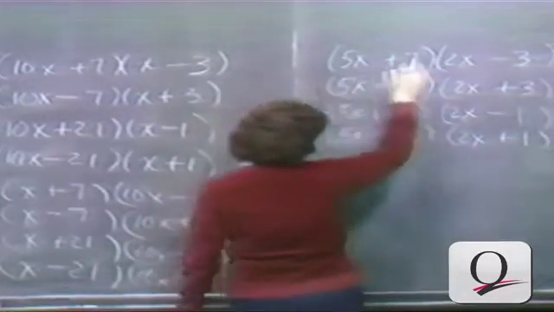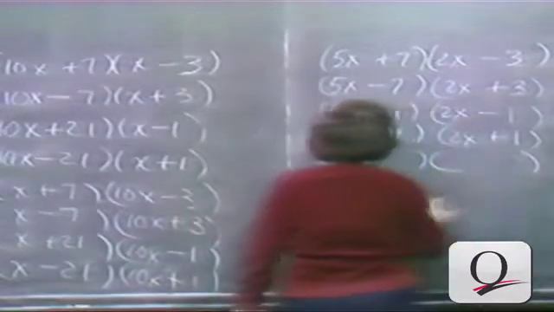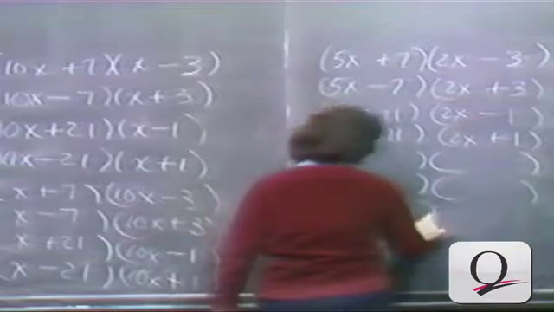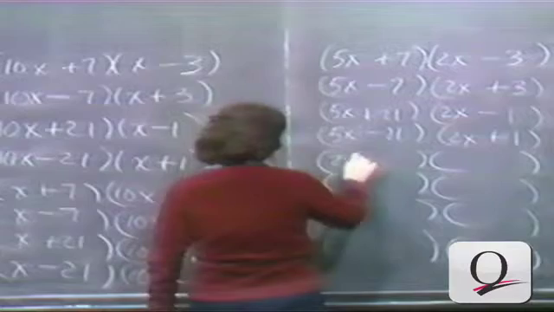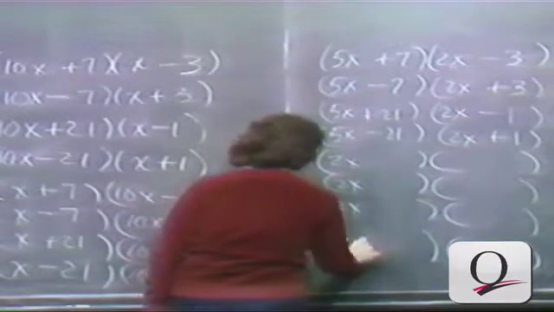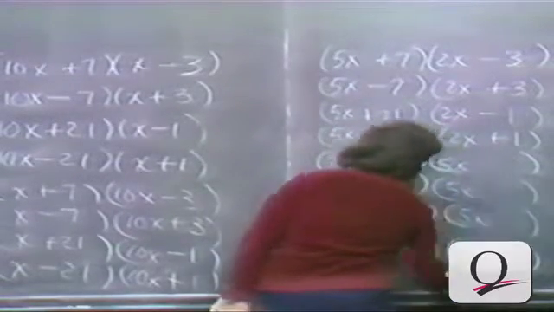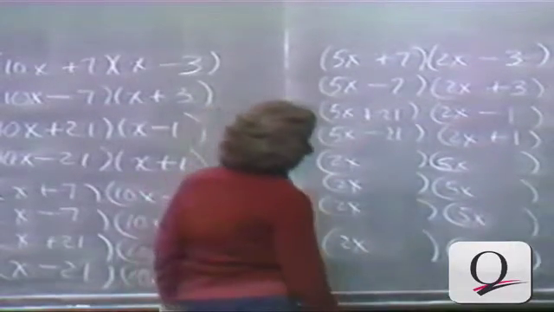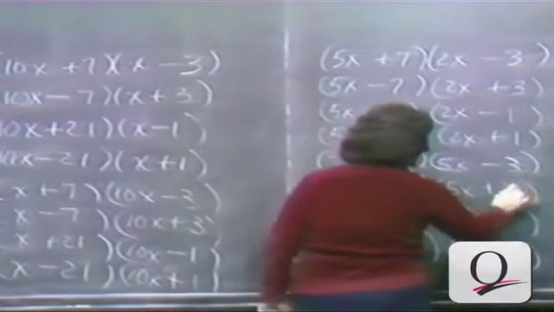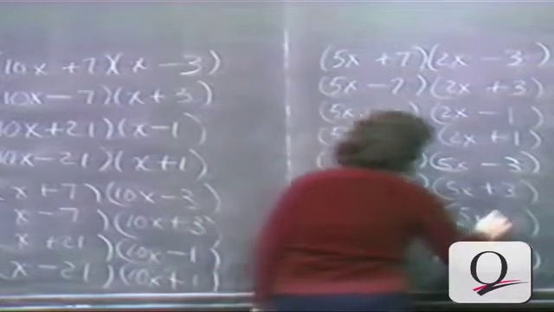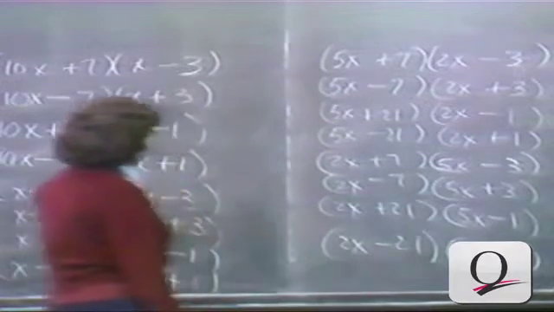We also have to consider what would happen if the 5x were where the 2x were and the 2x were where the 5x were. So let's reverse each of these. Now the 2x will be with the plus 7, the 5x will be with the minus 3, minus 7, plus 3, plus 21, minus 1, minus 21, and plus 1.